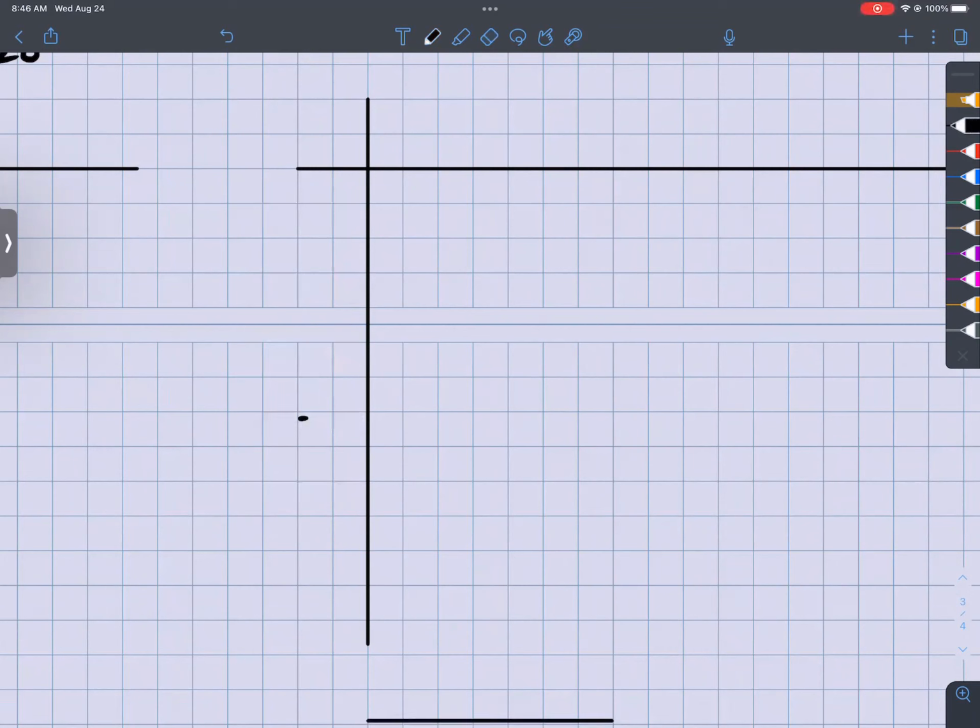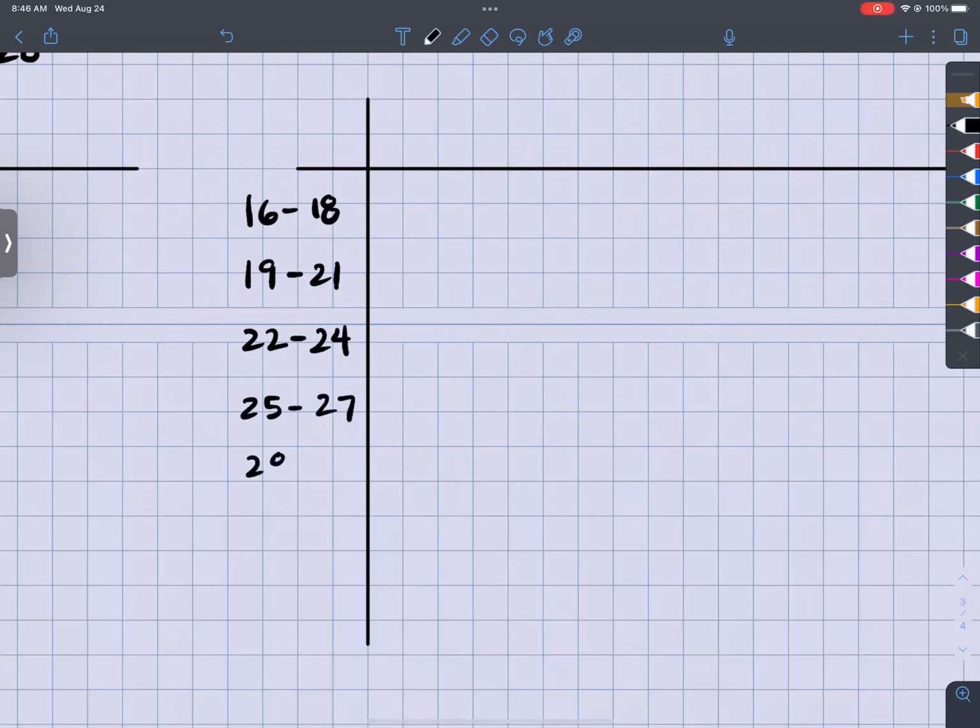You guys can write it down as well. 16 to 18, 19 to 21. Is that right?